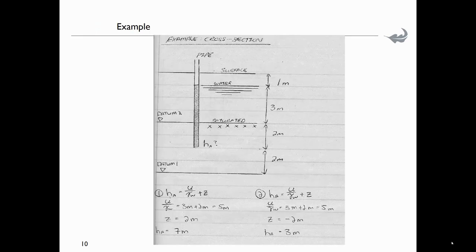So another example, we have a little pipe into sand. We have a water table 1 meter below surface, and it's saturated, and then where the little crosses are shown, these are the impermeable, fully saturated layer and the soil.